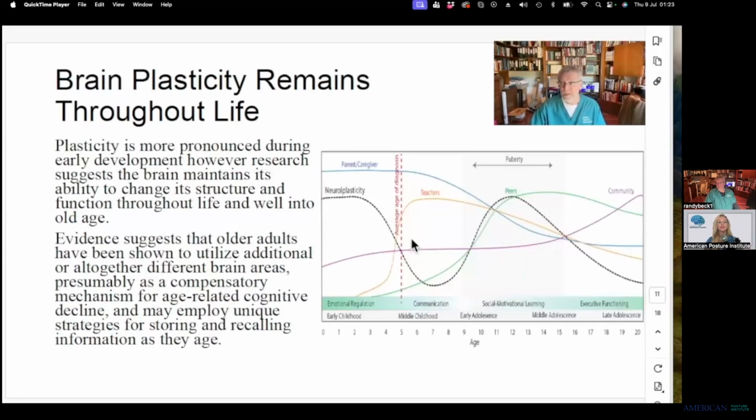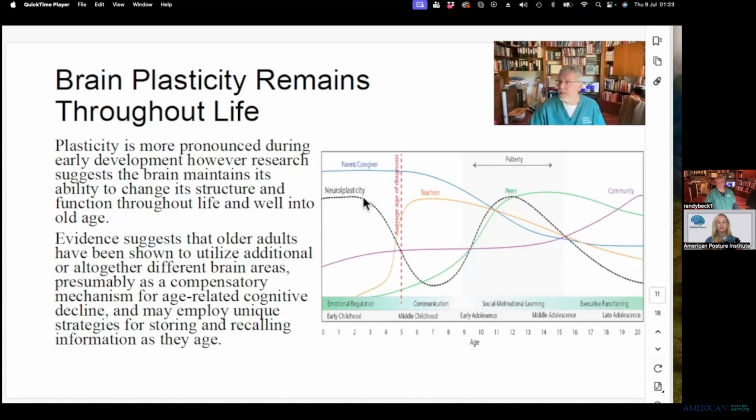Okay, so let's talk about how long this plasticity remains. It's obviously more pronounced during early life, early development. However, the brain maintains its ability to change its structure and function throughout life, in fact, well into old age.